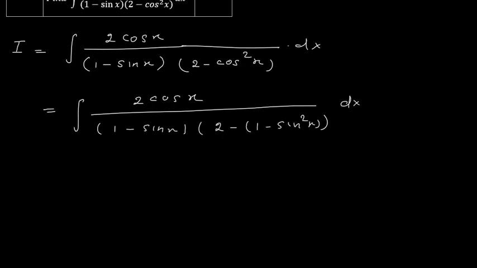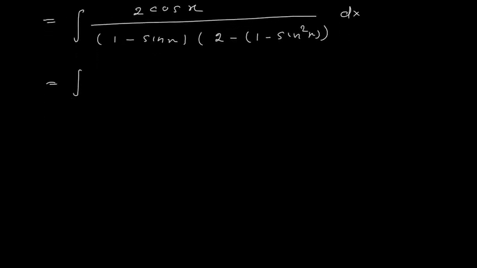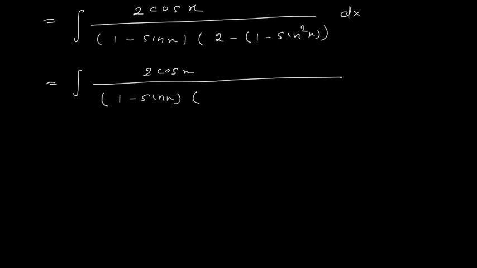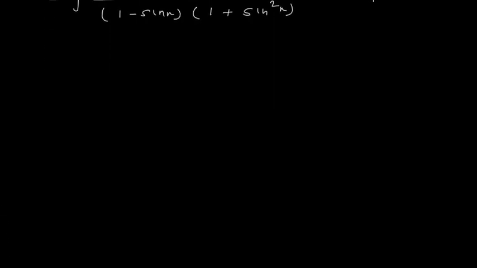Okay, now we open that second bracket, so we will get 2 cos x upon, in the first bracket we have 1 minus sin x, in the second bracket if I open I will get 2 minus 1 which will give me 1, and minus minus will be plus, so it is plus sin square x into dx. Now I can substitute.